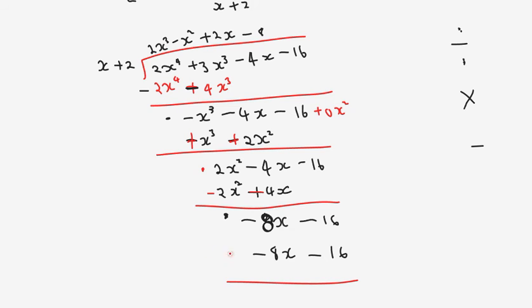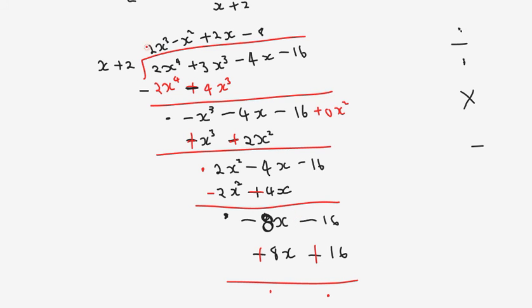Minus. If you multiply this whole thing by minus, all signs change. This is going to be plus, this is going to be plus. Since now with minus 8x plus 8x, we're going to get nil, and minus 16 plus 16, we're going to get nil again.